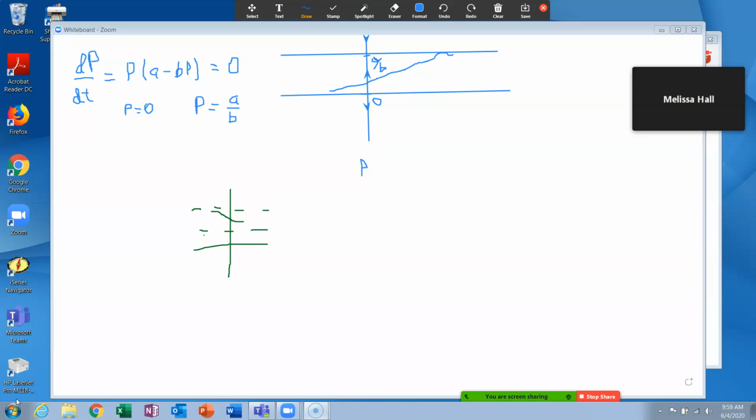So here we have example 4. The 3 intervals determined on the P-axis that we did up here, or you can also call that the phase line, by the critical points 0 and a over b, now correspond to the regions in the tP plane. He's not used to calling it that; used to call it the xy plane.